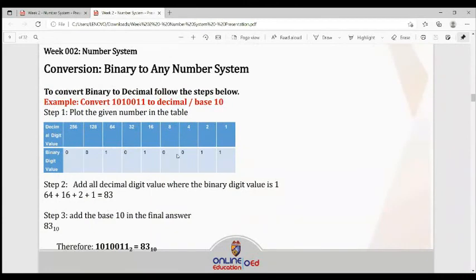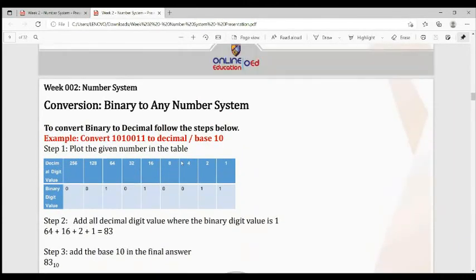Okay, so let's try this one. Convert 101001 to decimal or to base of 10. So kunin muna natin yung equivalent ng bawat binary digit into decimal.